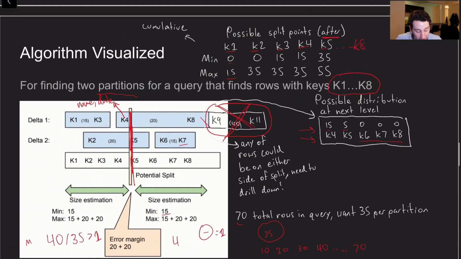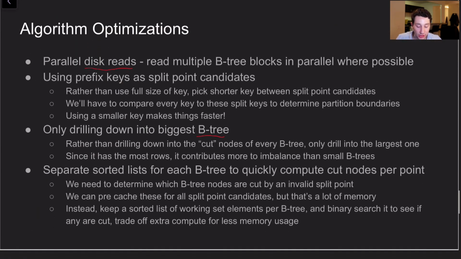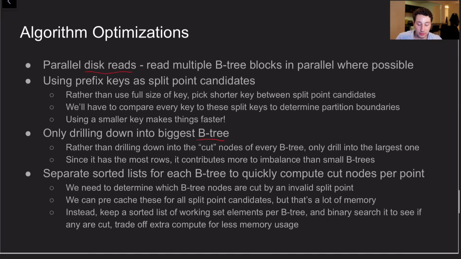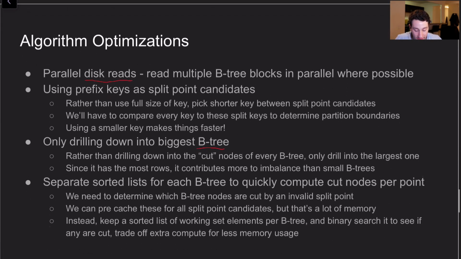Number one is that when you're actually creating the sorted list of things by just going K1, K2, K3, K4, and so on, what you could do is basically pre-cache with those all of the particular B tree nodes that they would be cut by for all potential split points. That being said, pre-caching those takes a lot of memory because it's going to be basically quadratic.